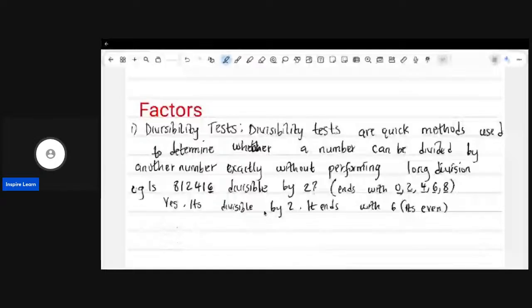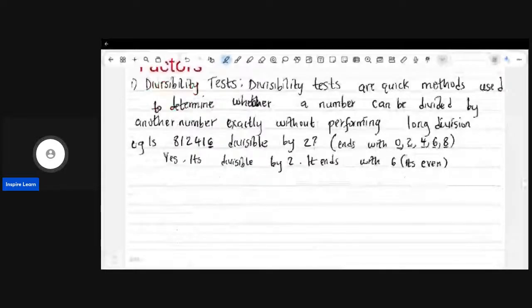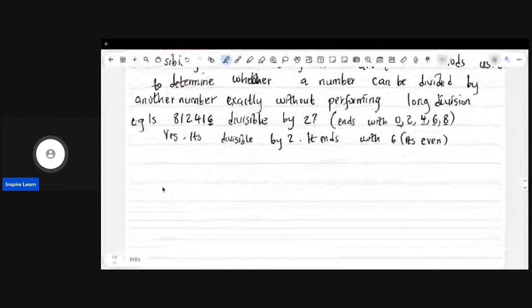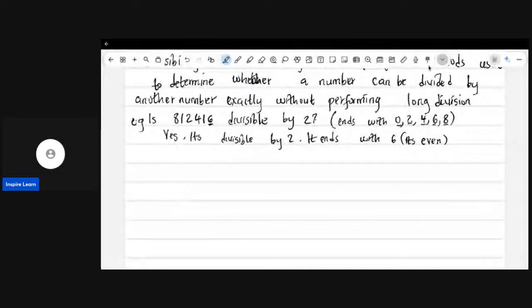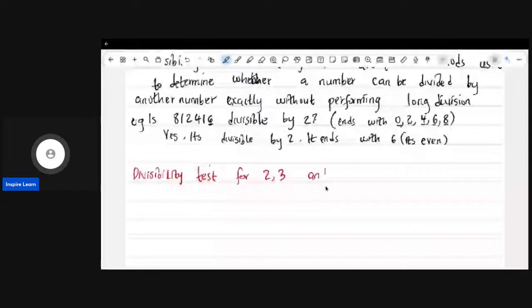So let's go to the various divisibility tests. We'll start with the first one, the divisibility test for 2, 3, and 6.